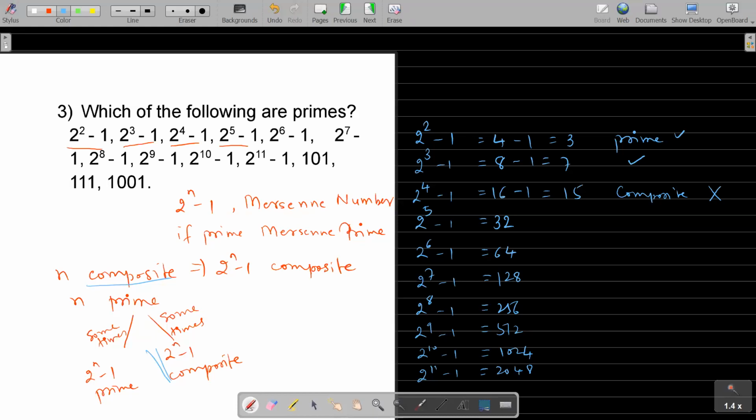Is the result clear? If n is composite, 2 raised to n minus 1 is composite. So here we see 4 is composite, so 2 raised to 4 minus 1 is composite, that is 15. Then 5 is prime, 2 raised to 5 minus 1 is 31, and in this case it's prime.